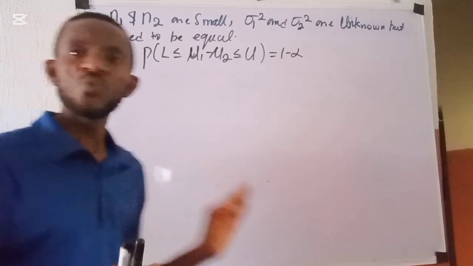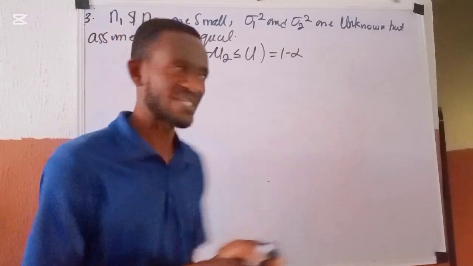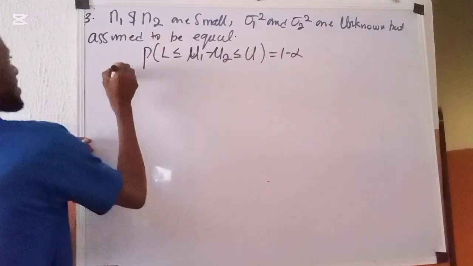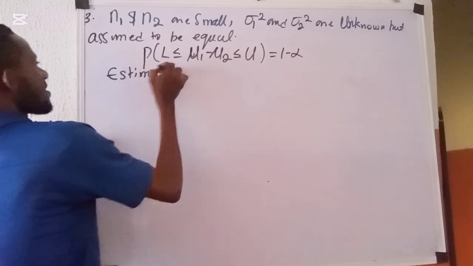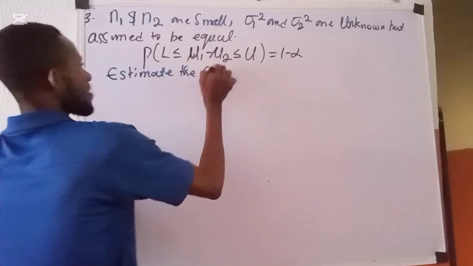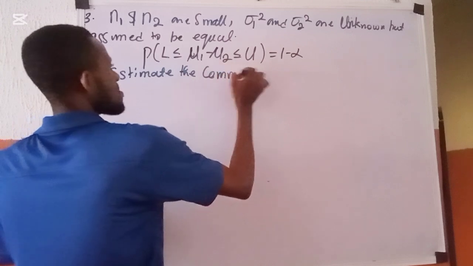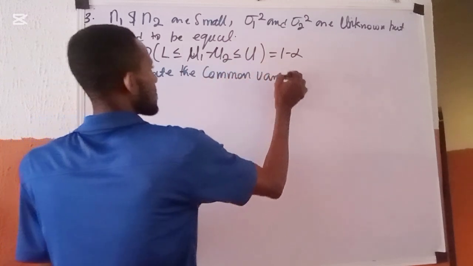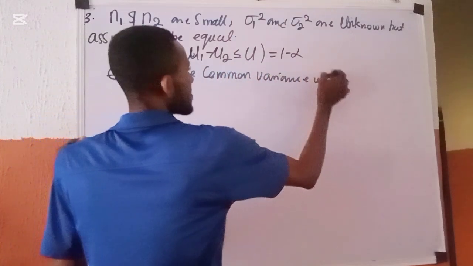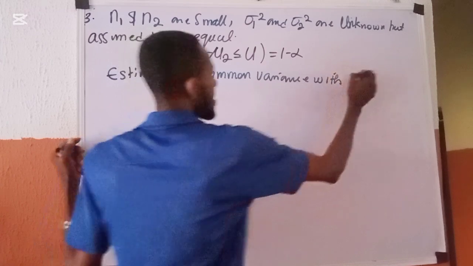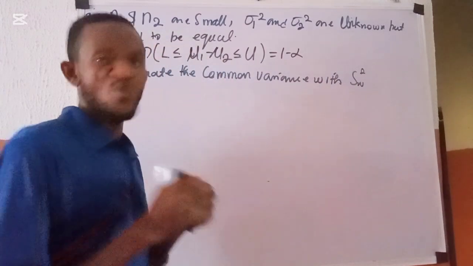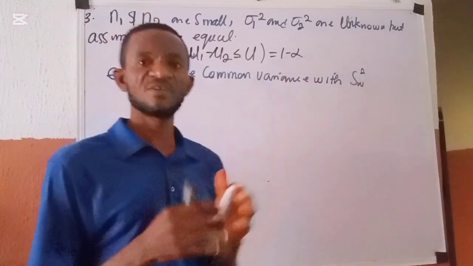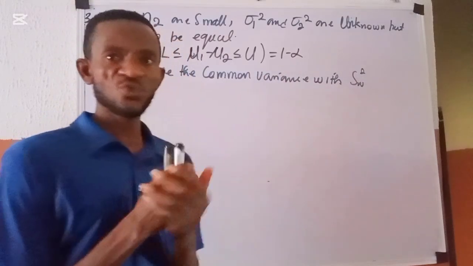So we estimate the common variance with SW squared. We are going to explain in detail what we mean by SW squared.